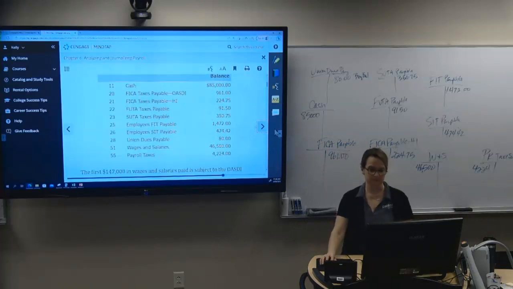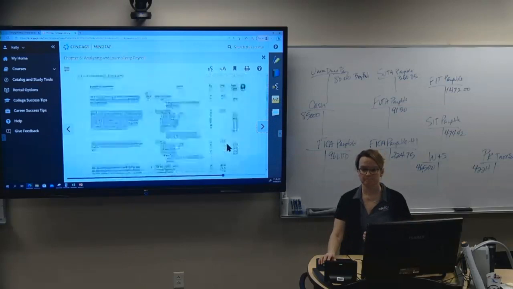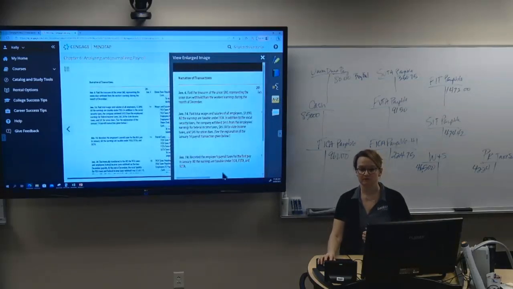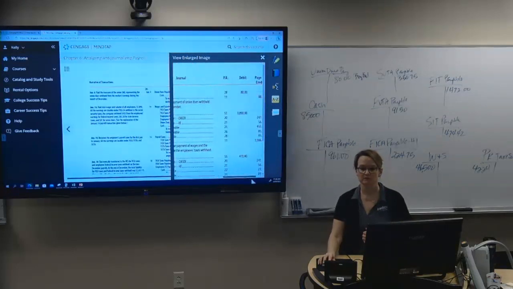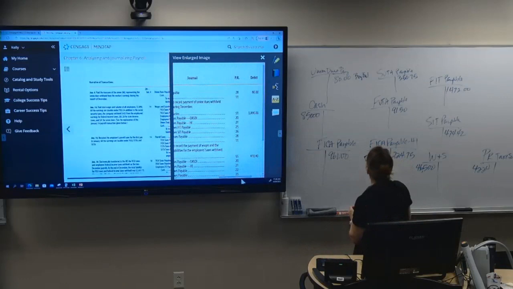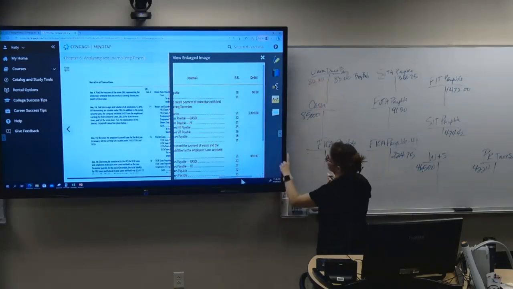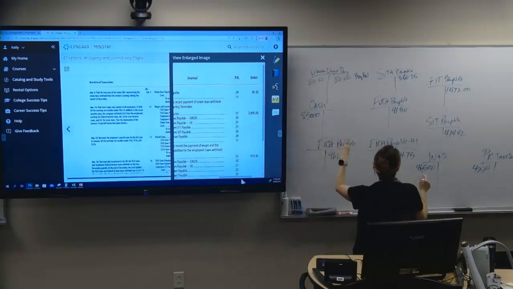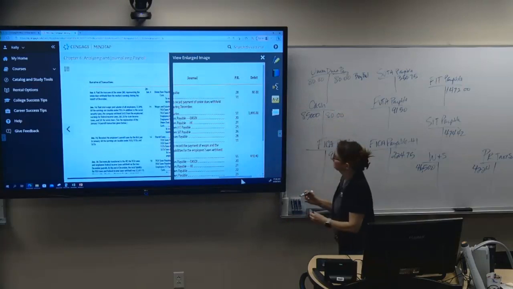Hopefully you guys can all see that. Okay, so that first journal entry, union dues payable, is going to zero out, so $80. Going to zero out our payables there, and then the cash, $80.